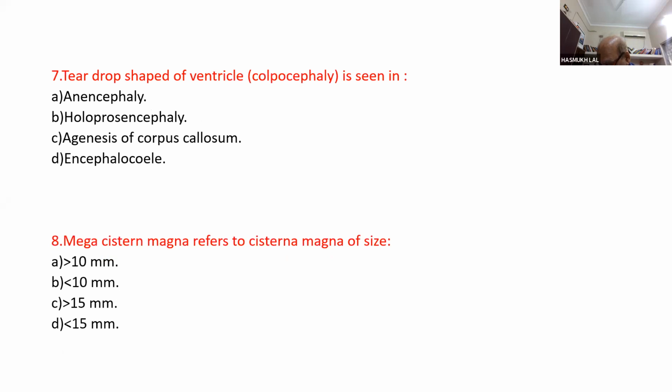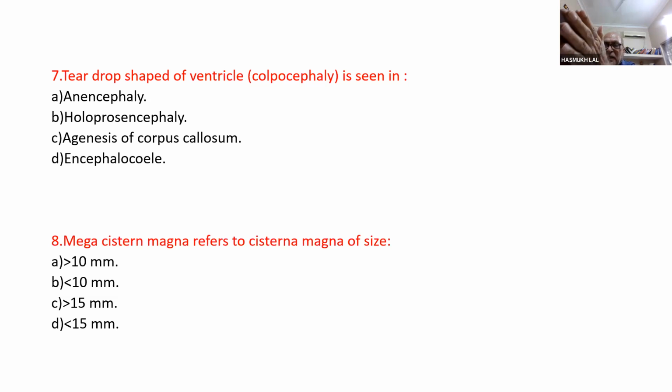Now number 7 is again very interesting. This teardrop shaped ventricle, known as colpocephaly, is seen in agenesis of corpus callosum. Why is it like that? Because the corpus callosum unites both the lobes of the brain.